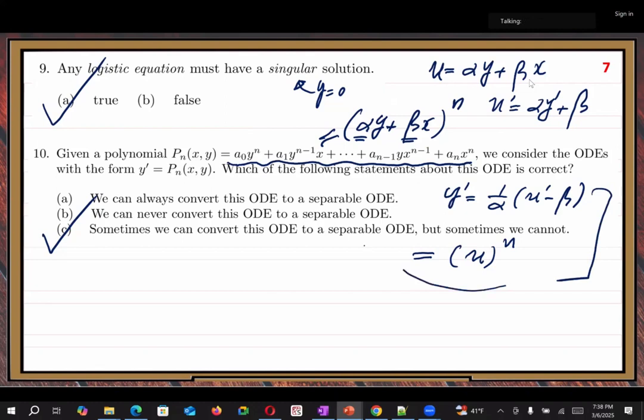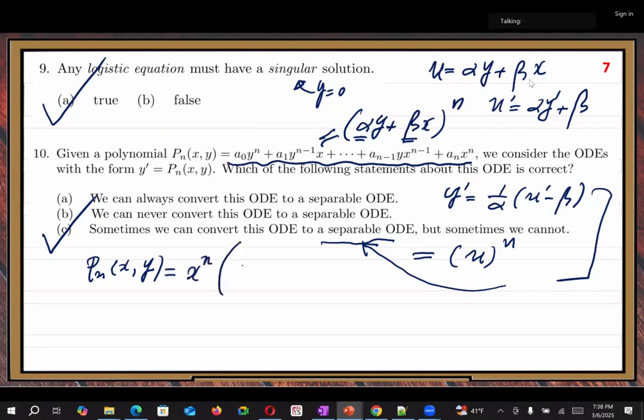But in some special cases it is separable. In the general case, not separable. In the general case it's very hard to separate. There is a special way to see the general case: we can factor out x to the n.